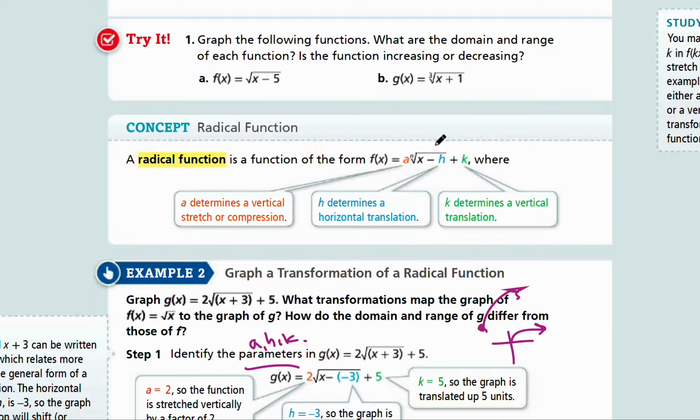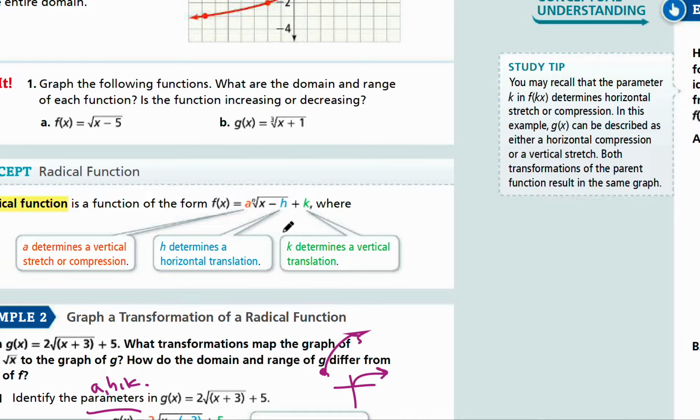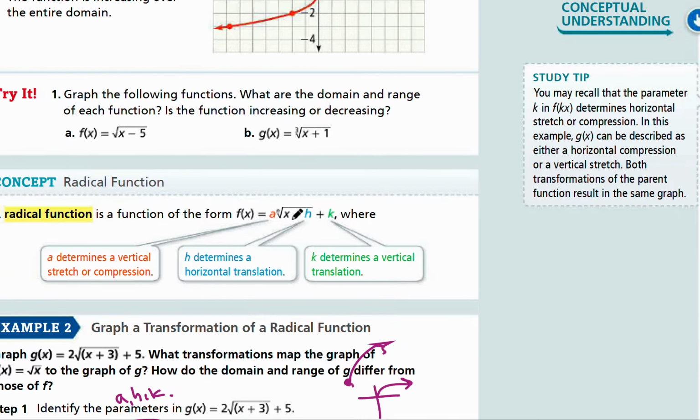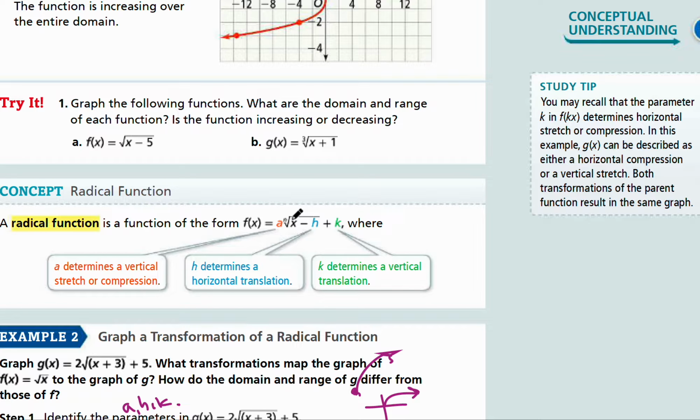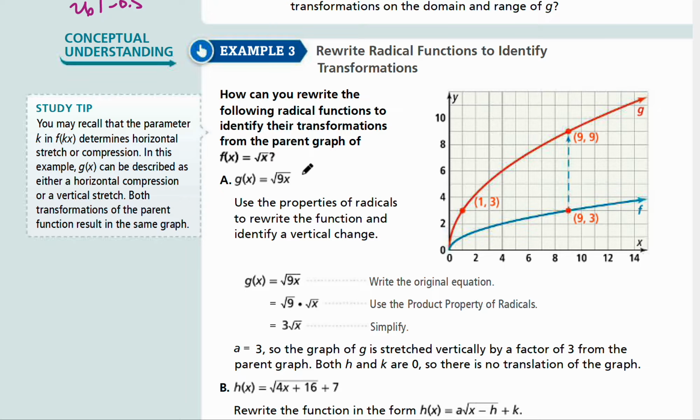So let's look at root 9x. In our form, A should be here. We're going to just look at the vertical stretch or compression, so we're going to change this form into a different form.